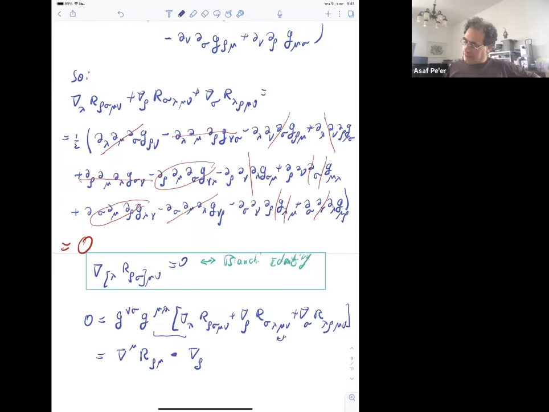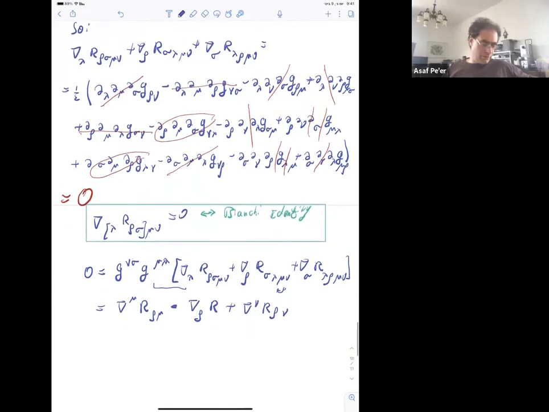Again, with μ and λ, I raise one index and contract, so I end up with the Ricci scalar. With the last one, it's ∇^ν R_{ρν}, which is equal to 0. So ∇^μ R_{ρμ} is 1/2 ∇_ρ R, because μ and ν are just dummy indices.